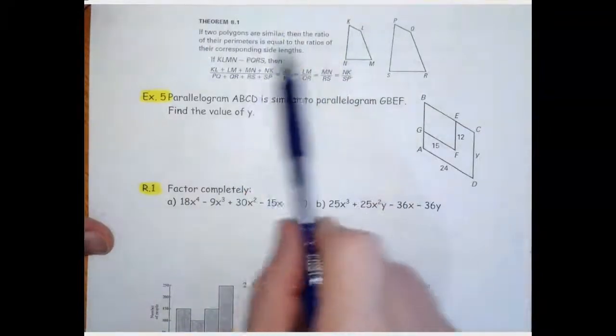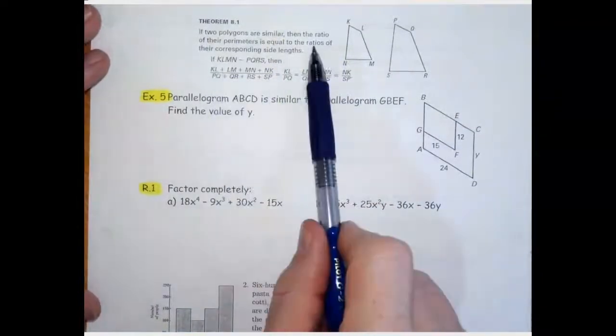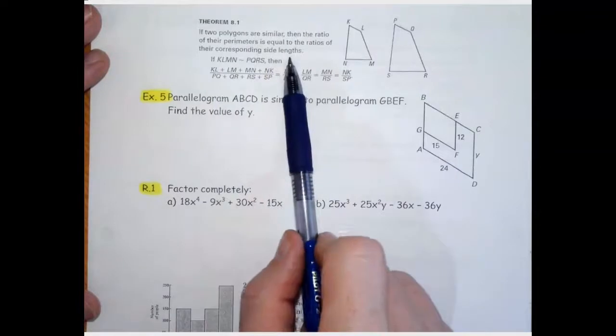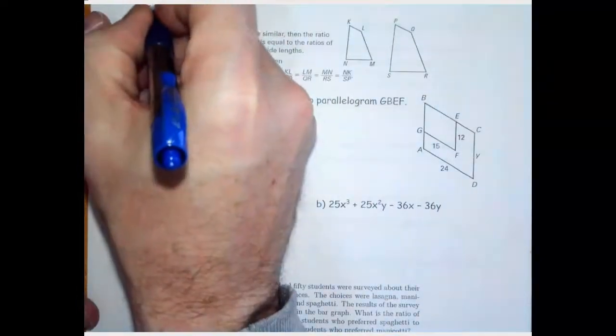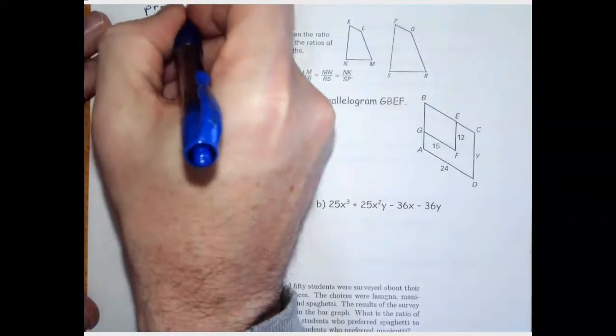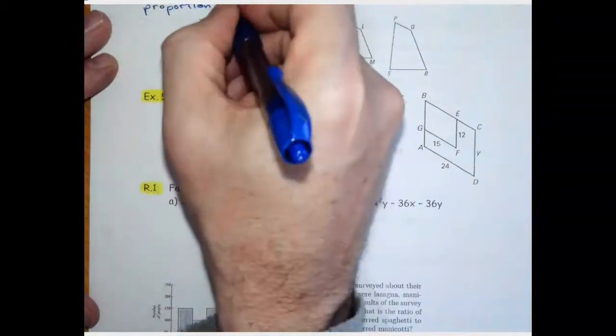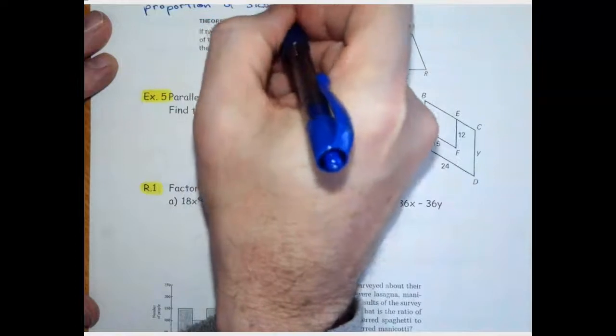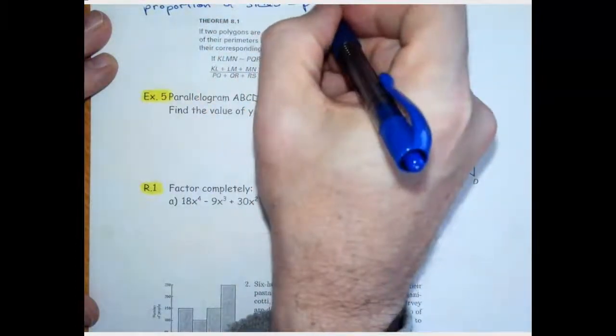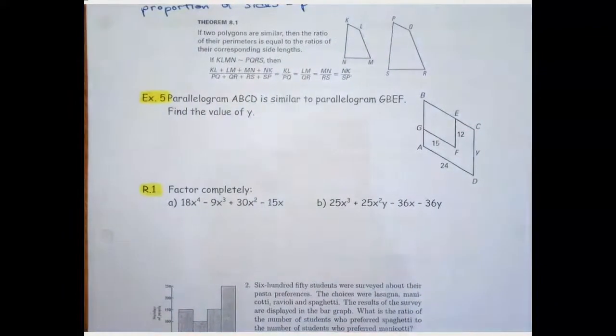So that's all this says, that the scale factor, the proportion of the sides, equals the proportion of the perimeter. So that's all that's saying.